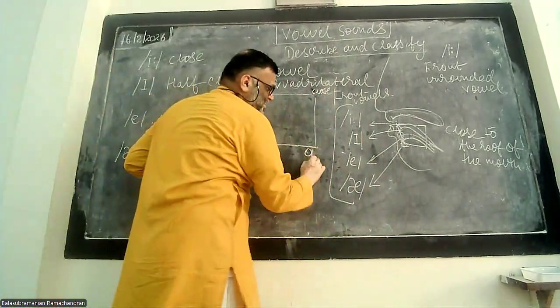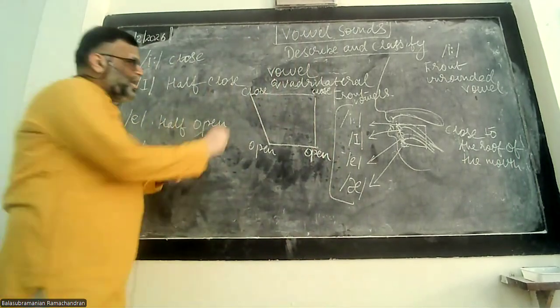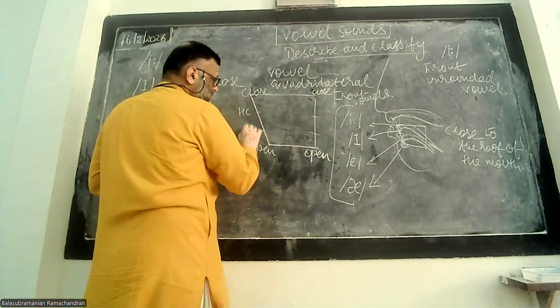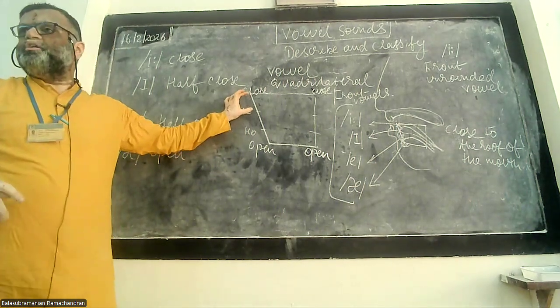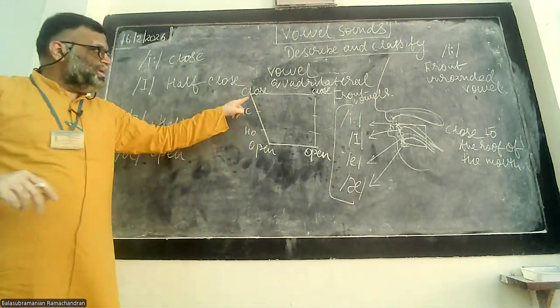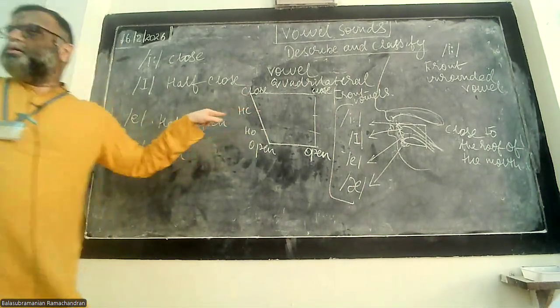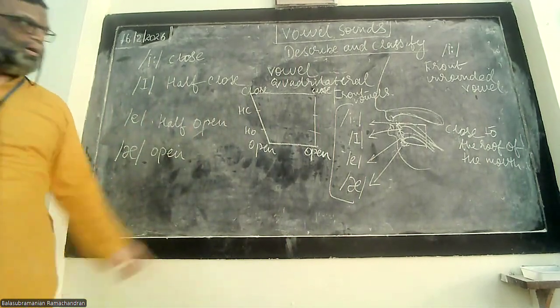And we have half close and half open. We take the midpoint between close and open, and we draw this. We mark it as half close and half open.